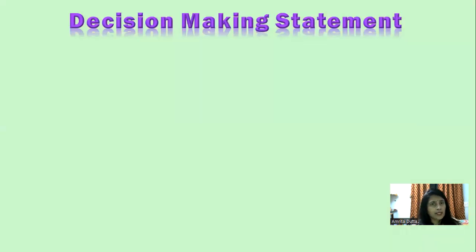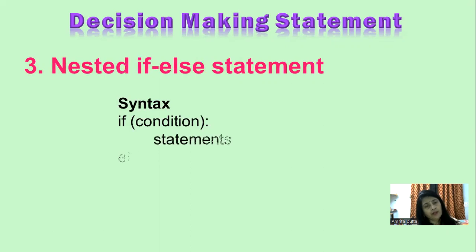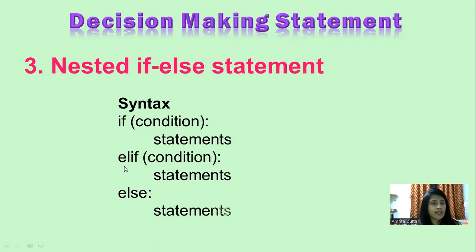So we can see the syntax also. What is nested if-else? See the syntax. If the condition is true, then the body of if will be executed. Otherwise, elif, that is else if. In some programming languages, we denote it as else if, but in Python, we denote it with the elif keyword.